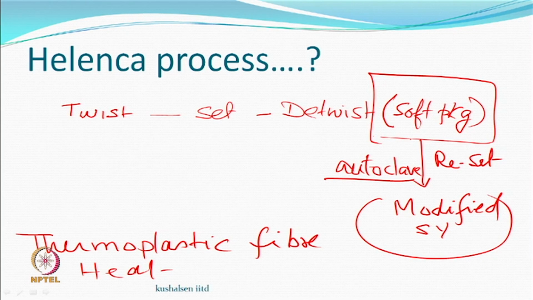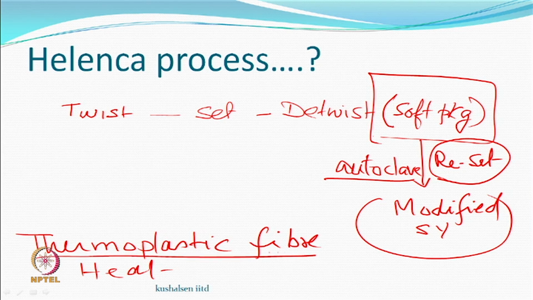After that, you do resetting, put it back into the autoclave again. Remember, if it is a thermoplastic fiber, then you use heat, that means again an autoclave. So, package twisted somewhere, put in the autoclave, take it out, obviously cool.